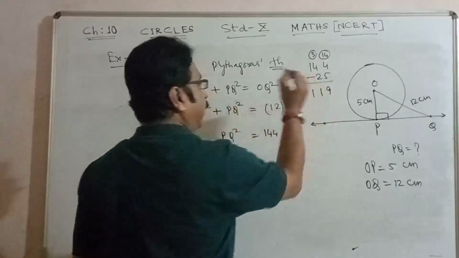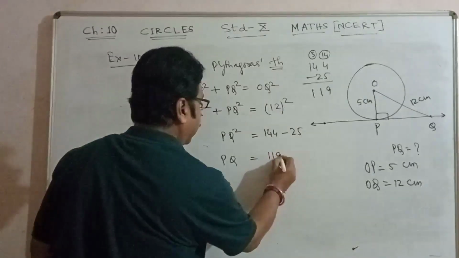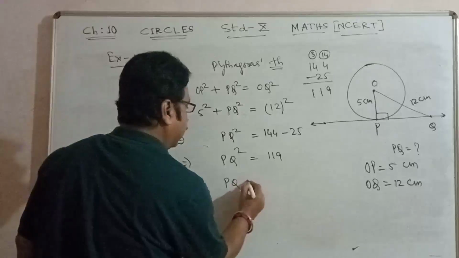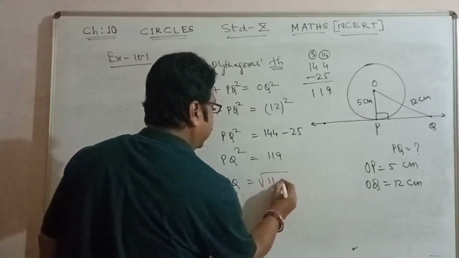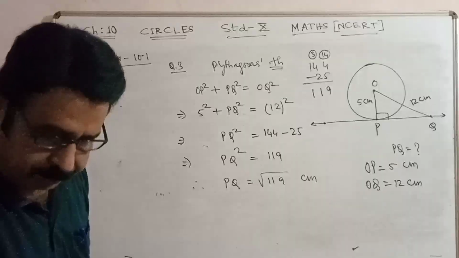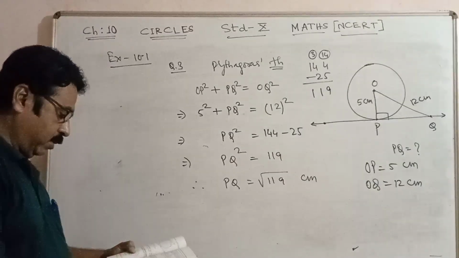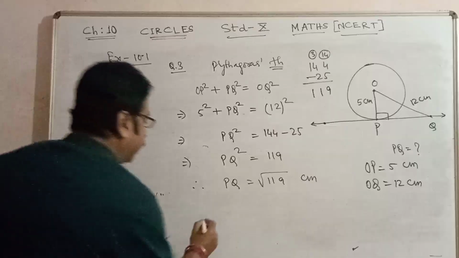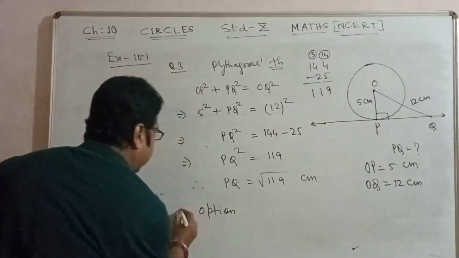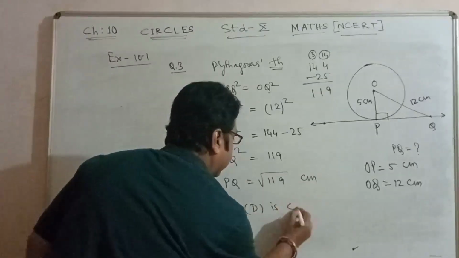And this one will come here, 119. Therefore, PQ will be square root 119 centimeter. Option D is correct. Therefore, option D is correct.